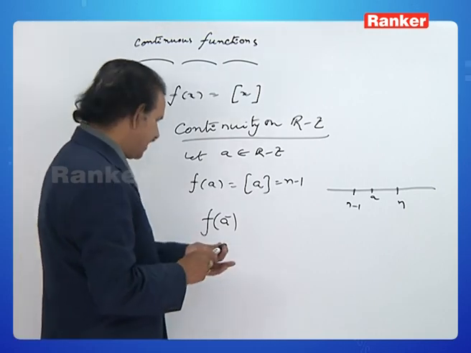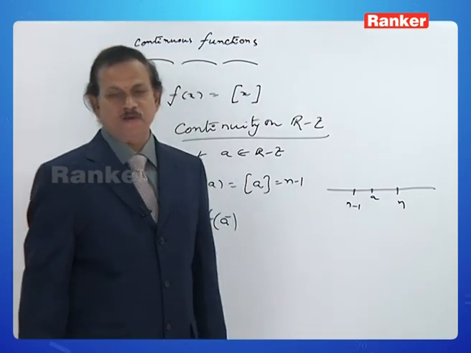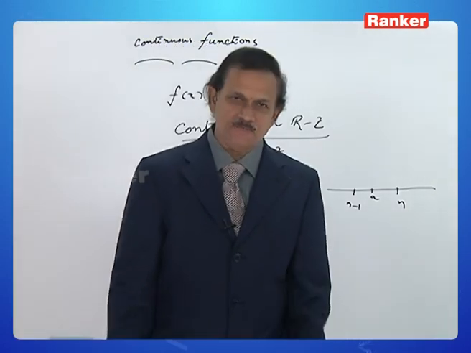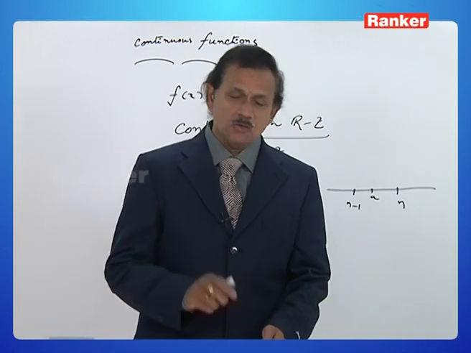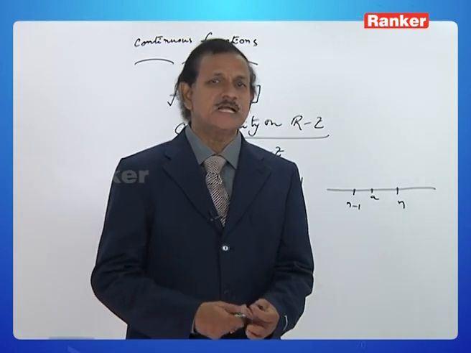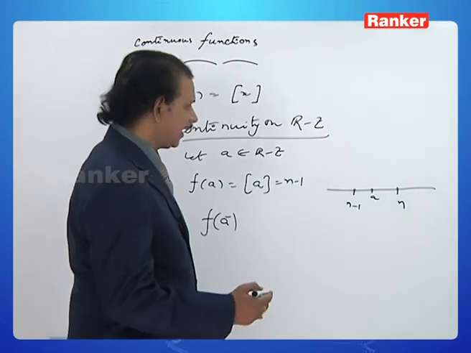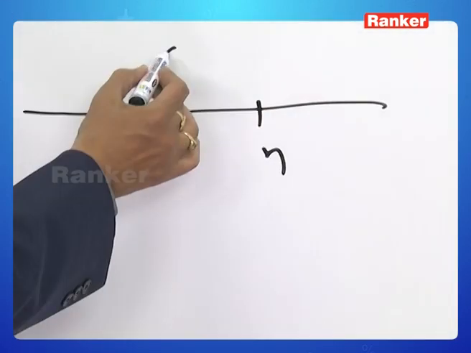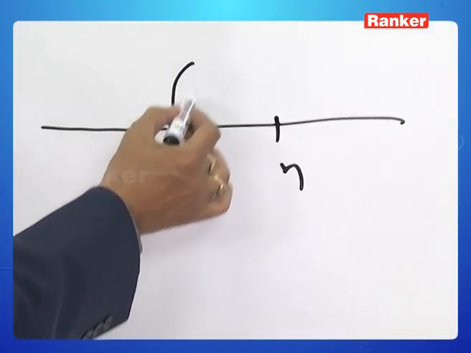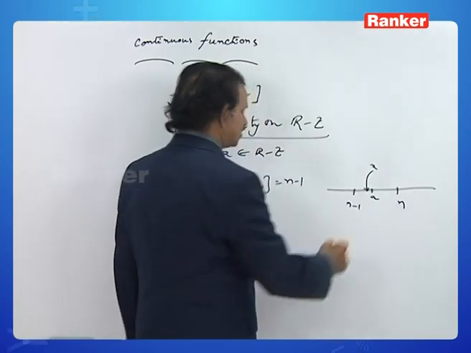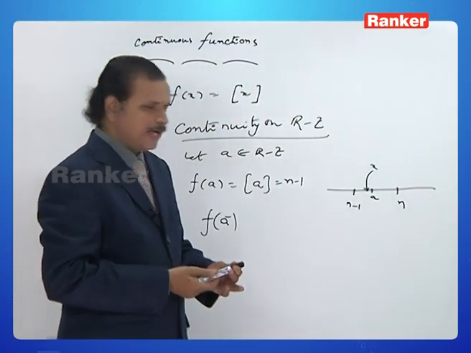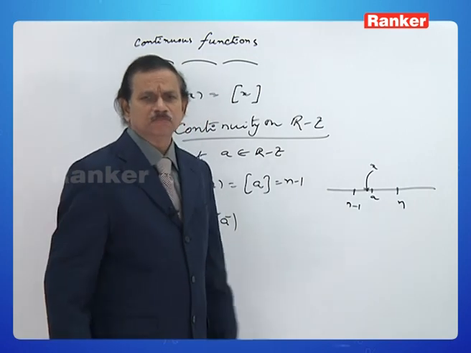Okay, what is f of a from left? What does it mean actually? The limit of f of x as x tends to a from left. In this case, x is left to a. That is, on the left side, somewhere here x lies. It is a minus h, say.